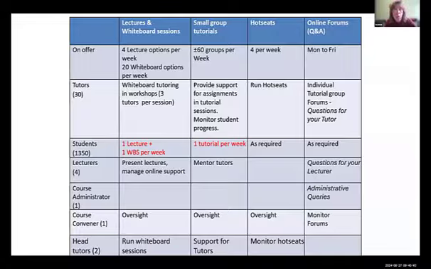And they attend 1 whiteboard session a week where they work on problems that they haven't worked on or prepared before, in small groups on whiteboards. They attend 1 small group tutorial a week of 20 to 30 students working with a tutor, and they can attend hot seats as and when required. Okay, so that's the general structure.